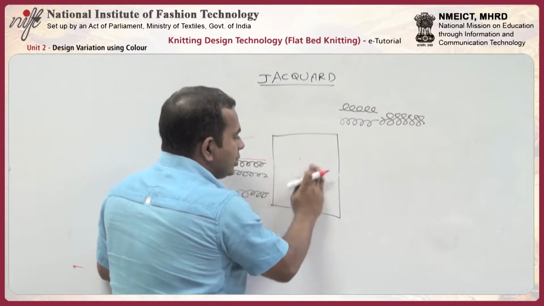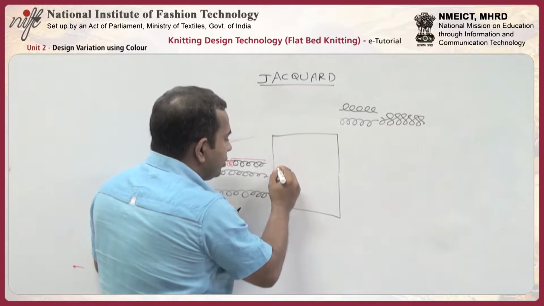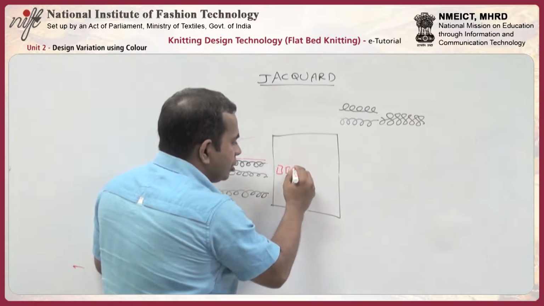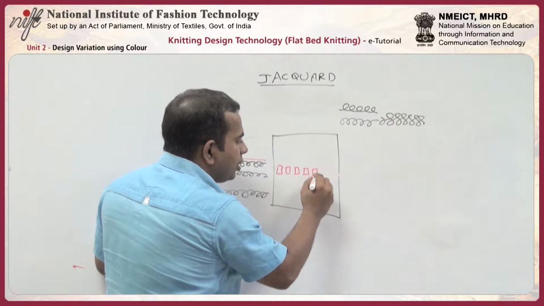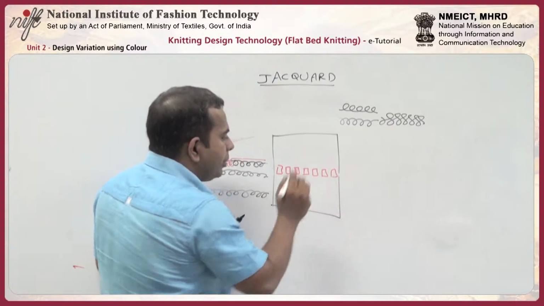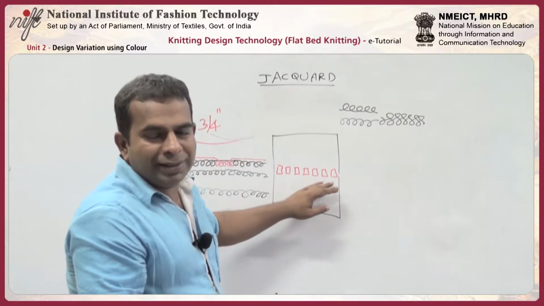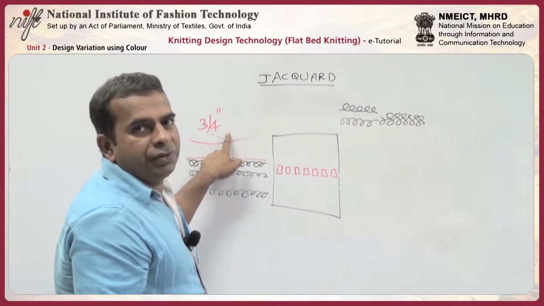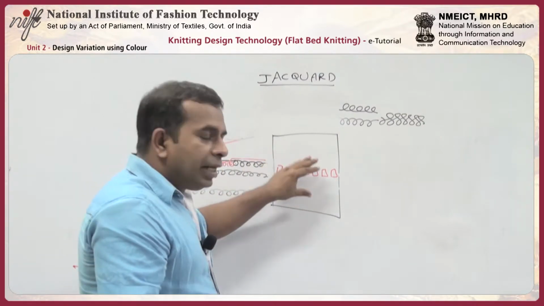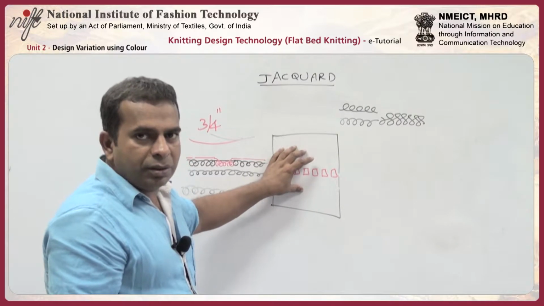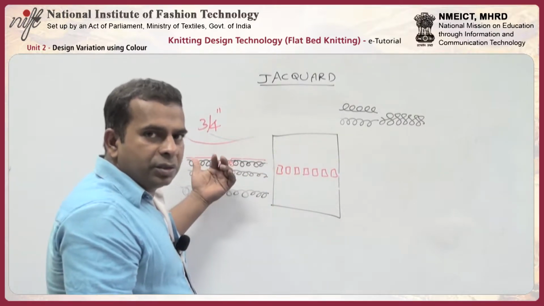For single jersey jacquard, we need to have a design which is repeated very closely. That means no floats would exceed the limit of 3/4 of an inch. So only selected kind of design can be knitted with this technique.